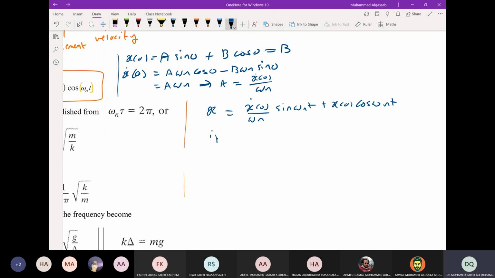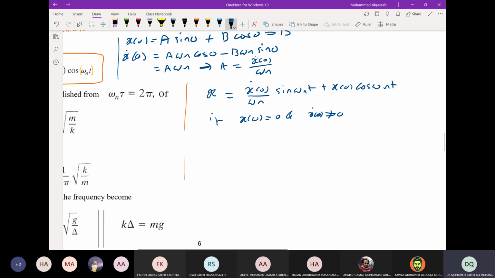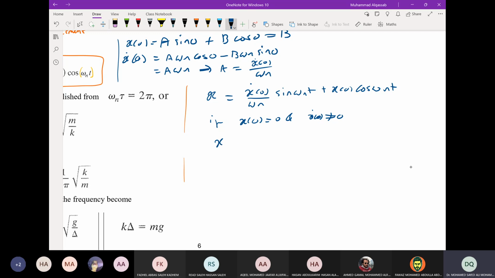Now if x at 0 is 0 and x dot at 0 is not 0, then x becomes x dot at 0 divided by omega n sine omega nt. Then what is the amplitude here? The amplitude is the coefficient of sine.